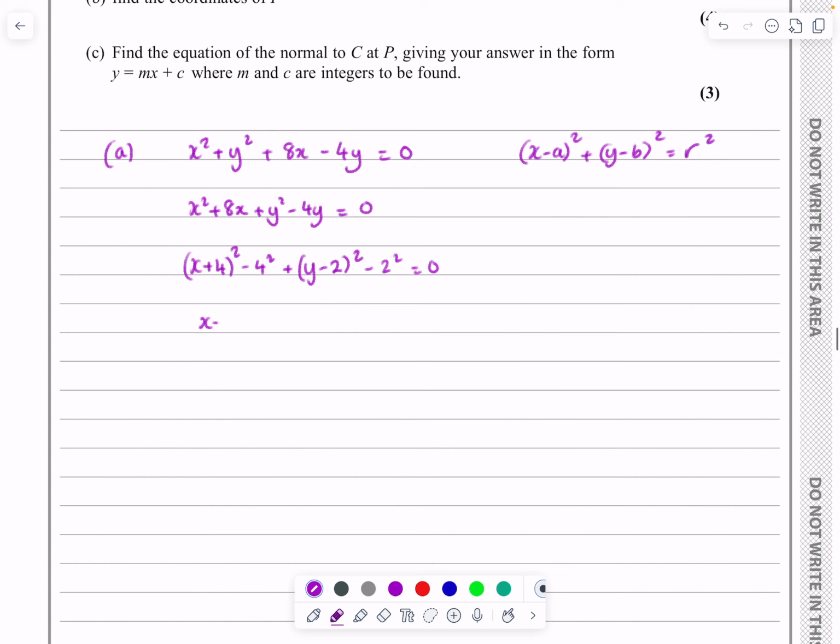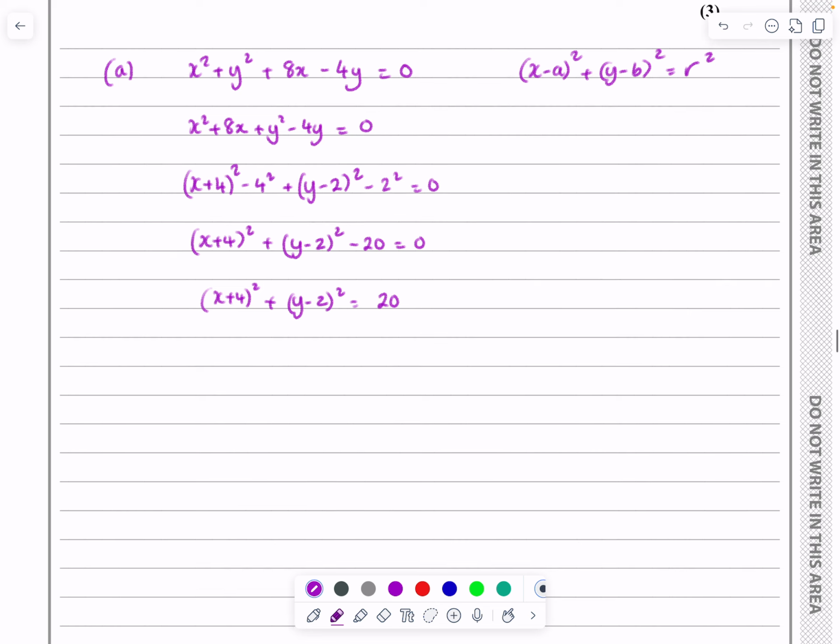So that works out to be (x plus 4) all squared, (y minus 2) all squared, and then the 16 and the 4 makes minus 20 there, or rather (x plus 4) squared plus (y minus 2) squared is equal to 20.